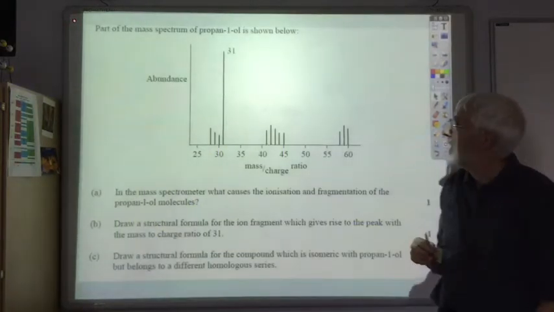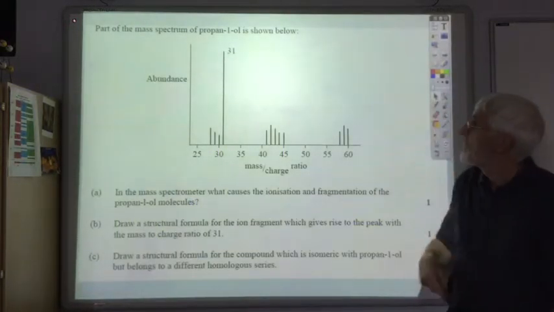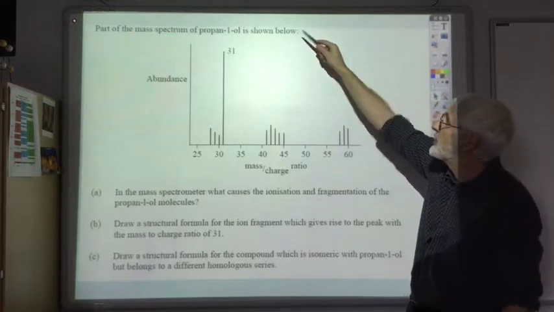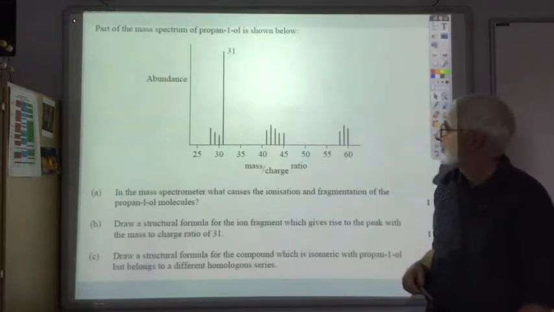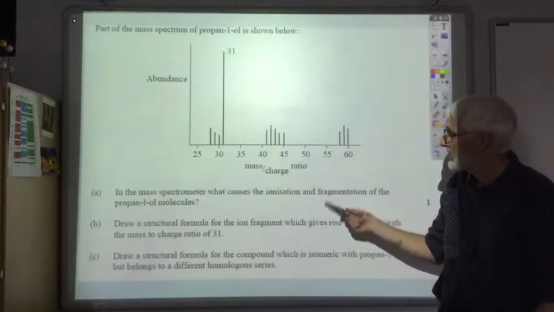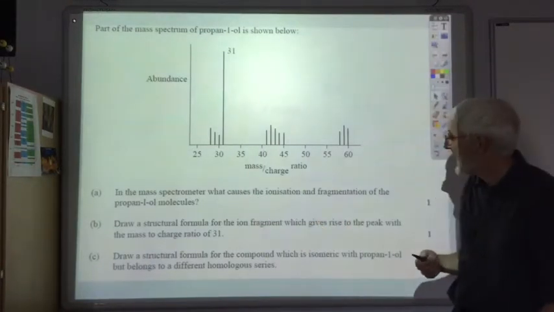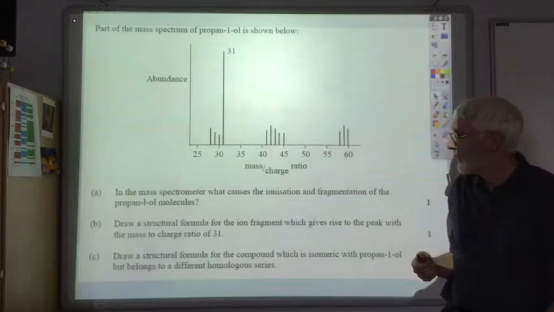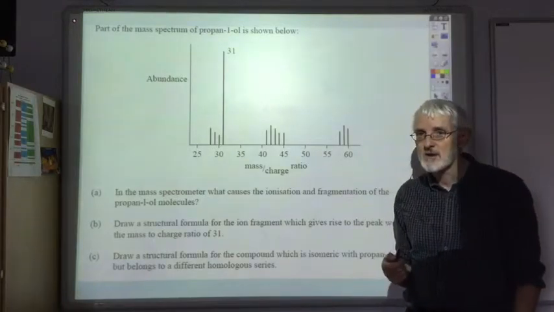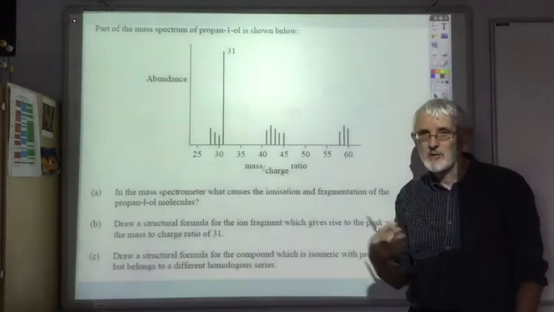So here's a past paper question. Part of the mass spectrum of propan-1-ol is shown below. So the three questions are, firstly, in the mass spectrometer, what causes the ionization and fragmentation of the propan-1-ol molecules? It's important to know the process.